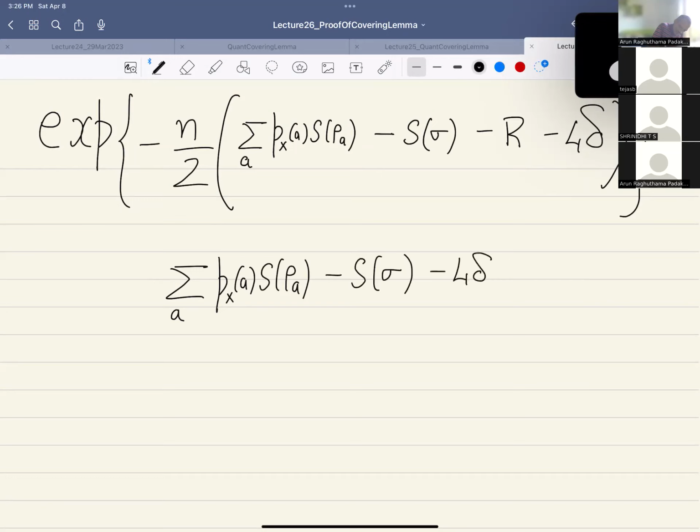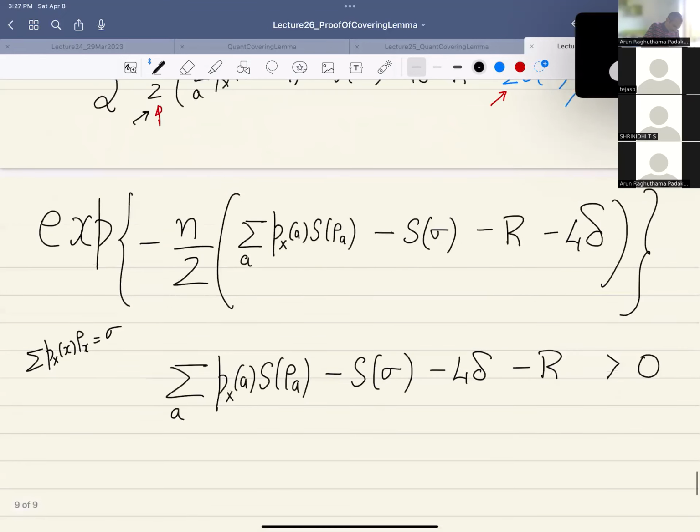Sigma is same as rho, right? I'm calling the summation as rho, I'm calling this Px of x, rho x as sigma. This is my sigma. Okay. This has to be positive. No, there is some error. Wait.